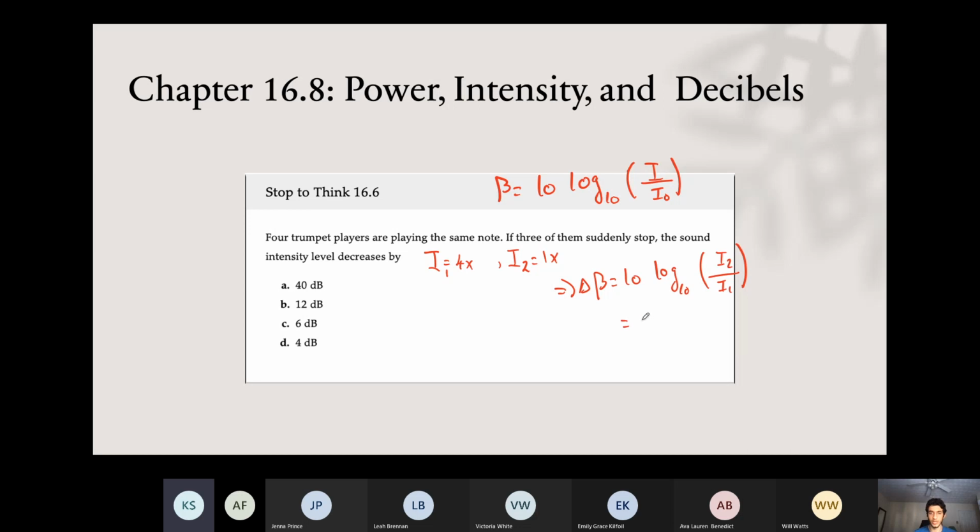This is equal to 10 log of 1 over 4. And if you calculate that, it would be negative 6.00 something. Since you have a negative change, and here it asks for the decrease, this is the answer.